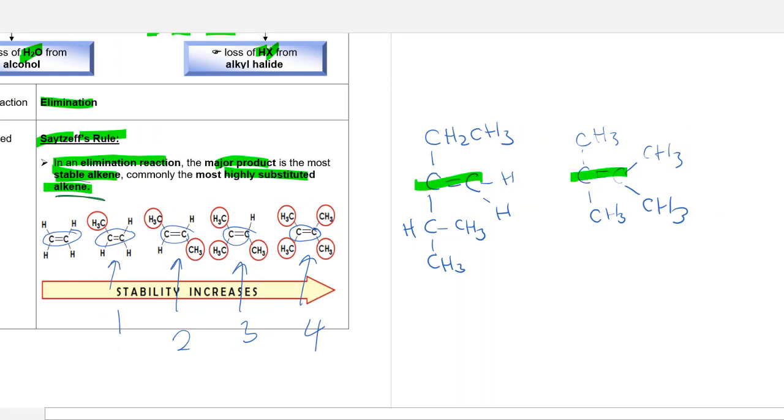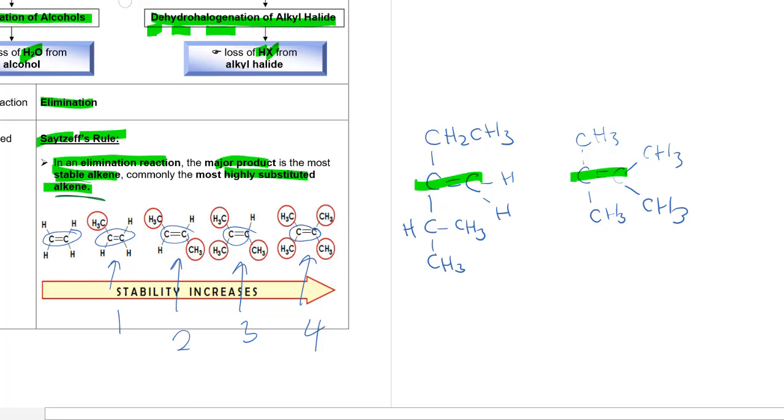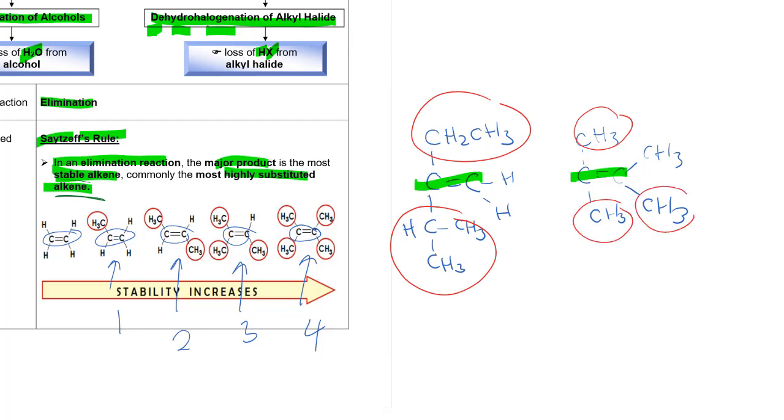Here we have two alkyl groups, and here we have four alkyl groups. Even though these two alkyl groups are bigger compared to methyl, this one is more stable. This one will be the major product. So we look at how many alkyl groups are attached to the carbon-carbon double bond, regardless of the size.